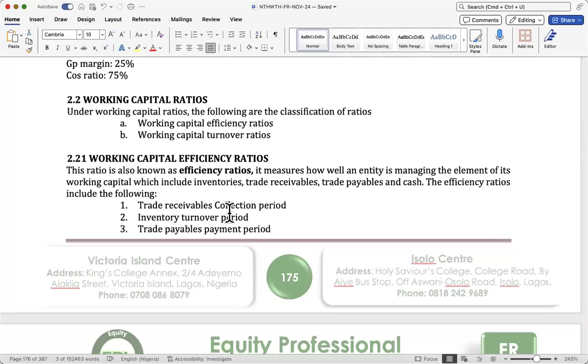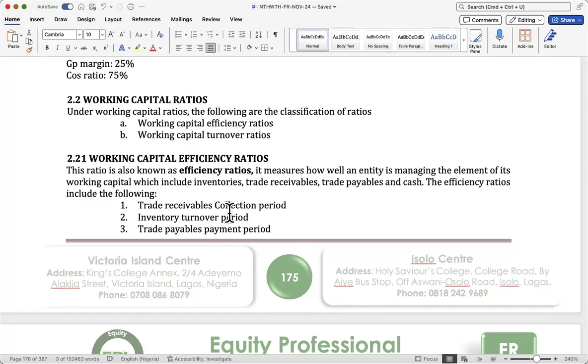Again, before I move to the second one, if the examiner asks you to calculate the wages to total expense ratio, or maybe they express it fully, salaries and wages to total expense ratio, how would you determine that?